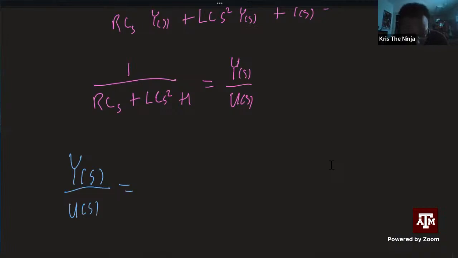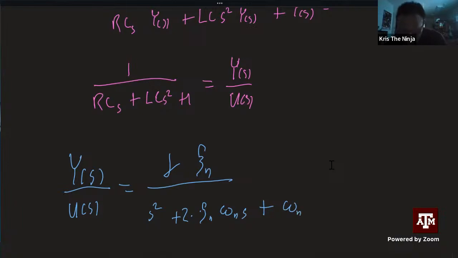You got gamma times zeta n over s squared plus 2 times zeta n omega n times s plus omega n squared.